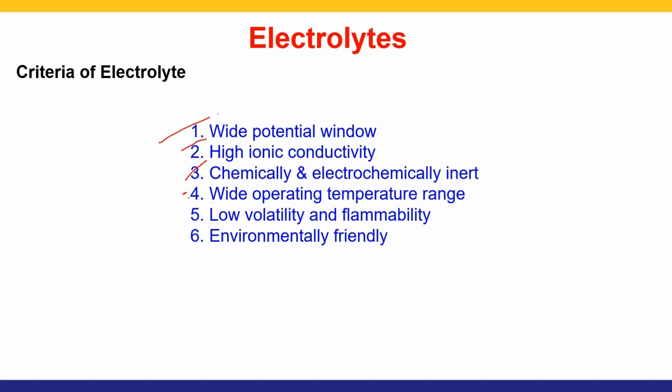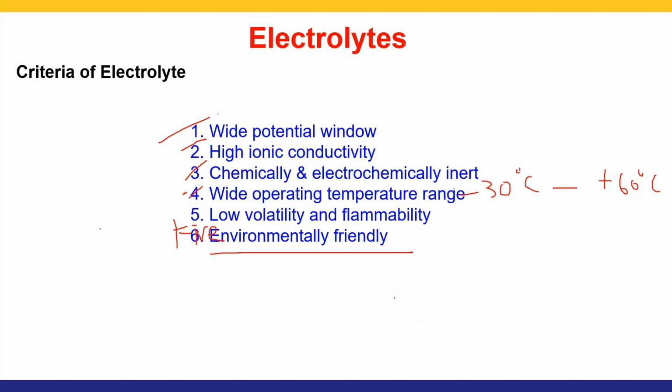And ideally, an electrolyte should be able to work from minus 30 degrees C to 60 degrees C without decomposition or degradation. The fifth point is low volatility and low flammability. This is to prevent the battery from catching fire, which is thermal runaway. And then we have the last one, number 6, environmental friendliness.